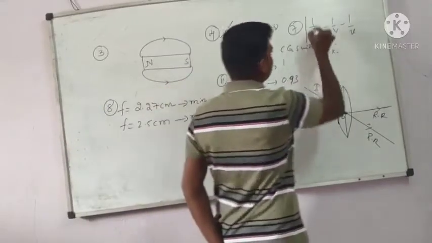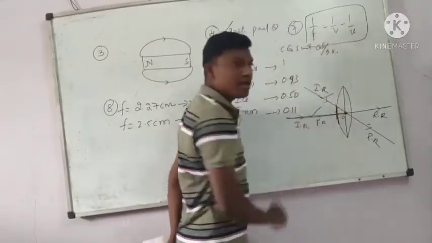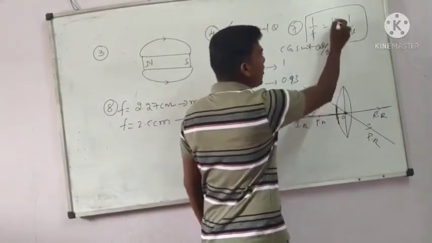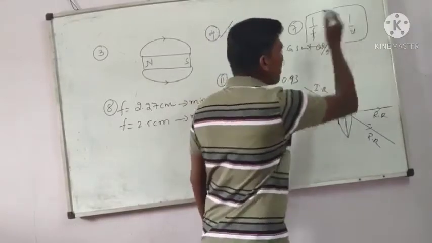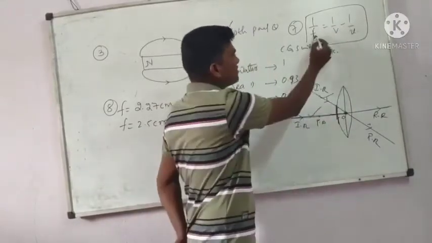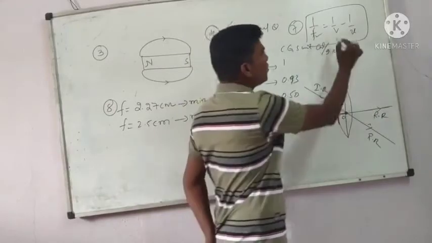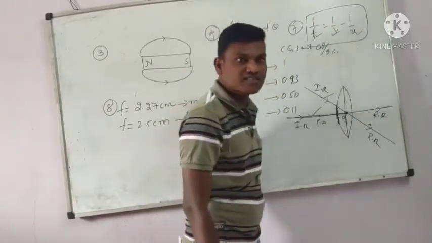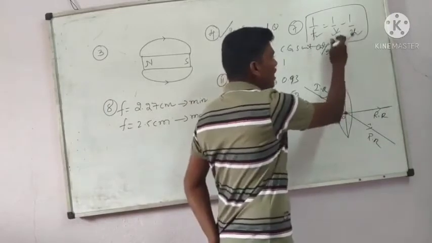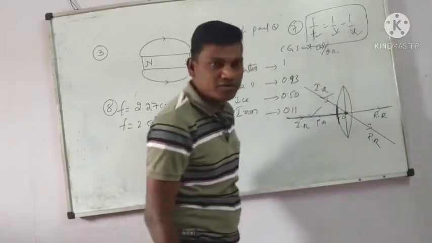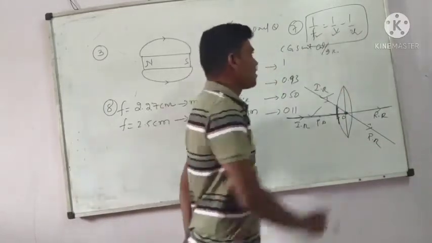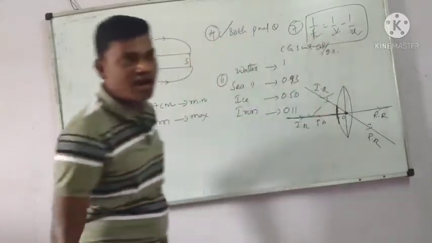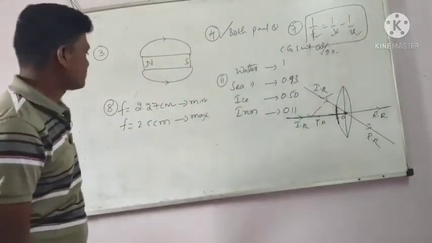We know directly: 1 upon f is equal to 1 upon v minus 1 upon u. Here f represents the focal length, v is the image distance, and u is the object distance. The u and v values are substituted in this formula by using the rules for sign convention. While substituting, you find the focal length.